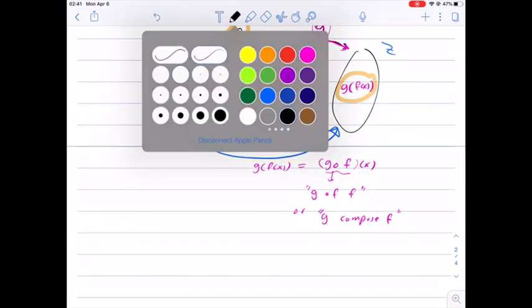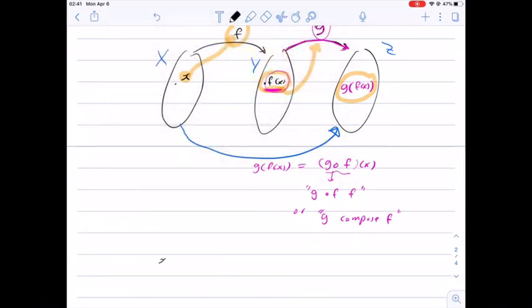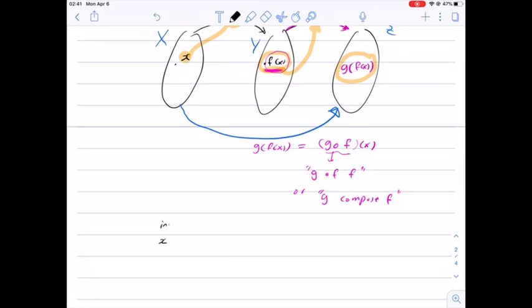Now we can imagine this as a machine. So we have input x and it enters the machine.